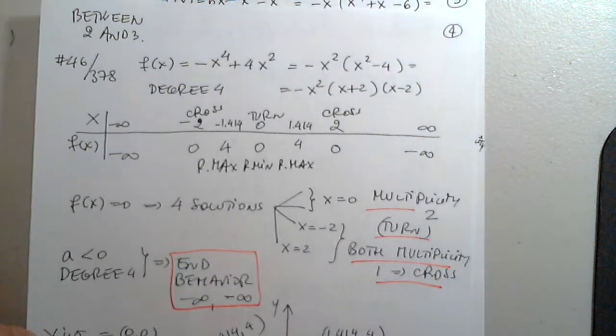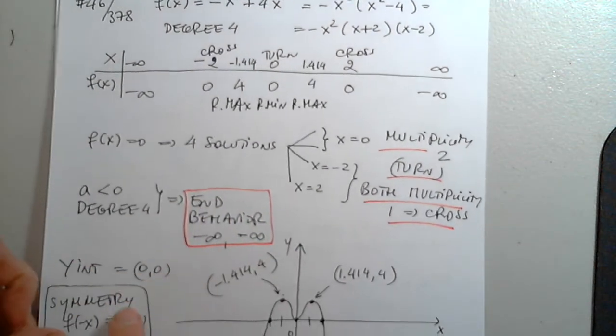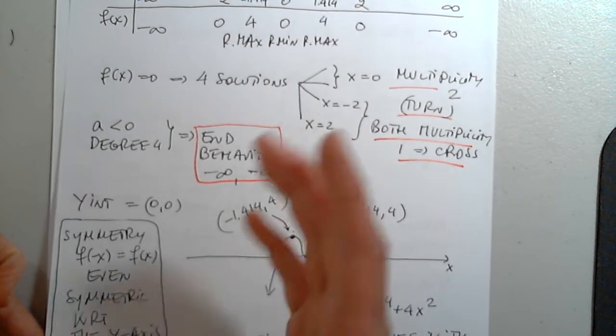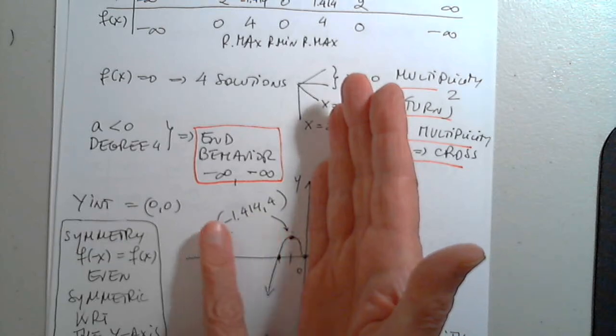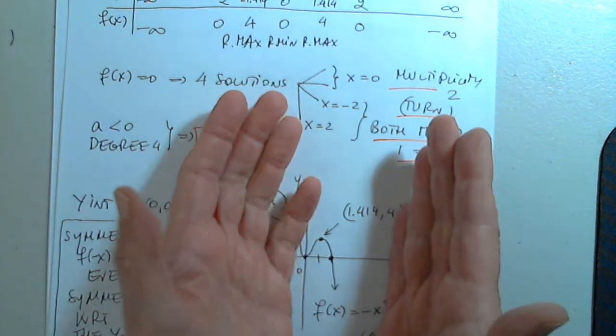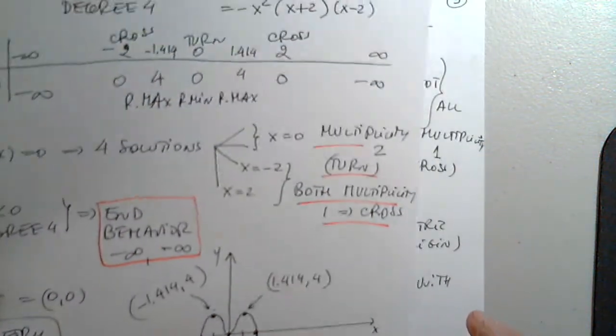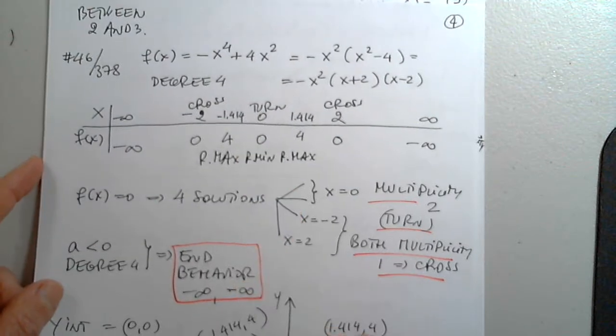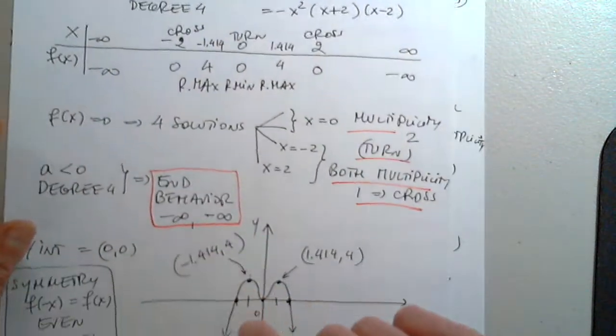So we'll see in a moment when we graph it, because the function is symmetric. f of -x equals f of x, so the function is even. What I graph on this side of the y-axis, I have to have a copy on the other side of the y-axis. And we found the max-min with the graphing calculator. So how did I graph this? I started at negative infinity.